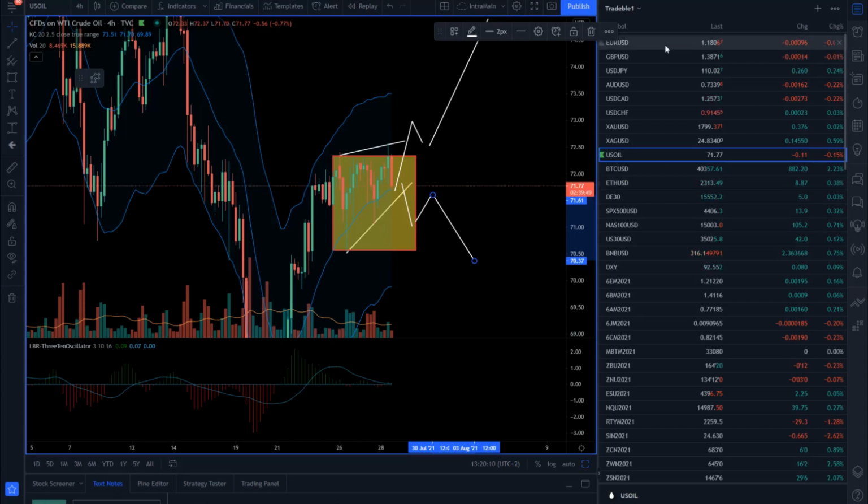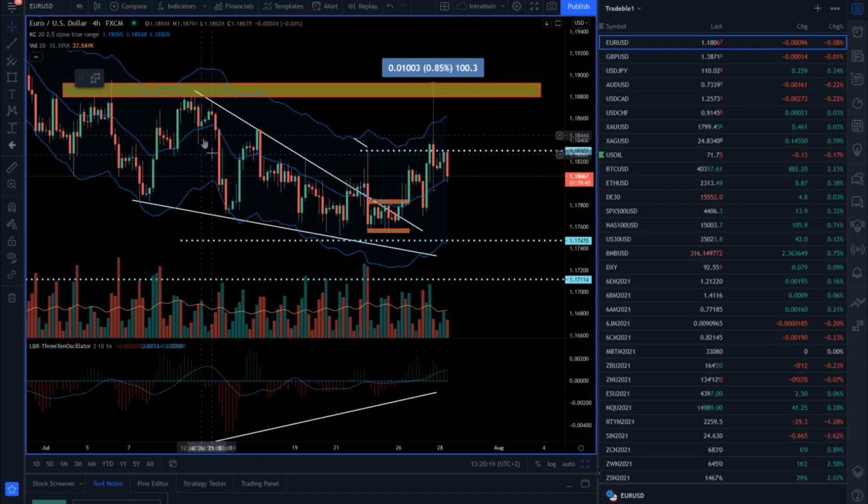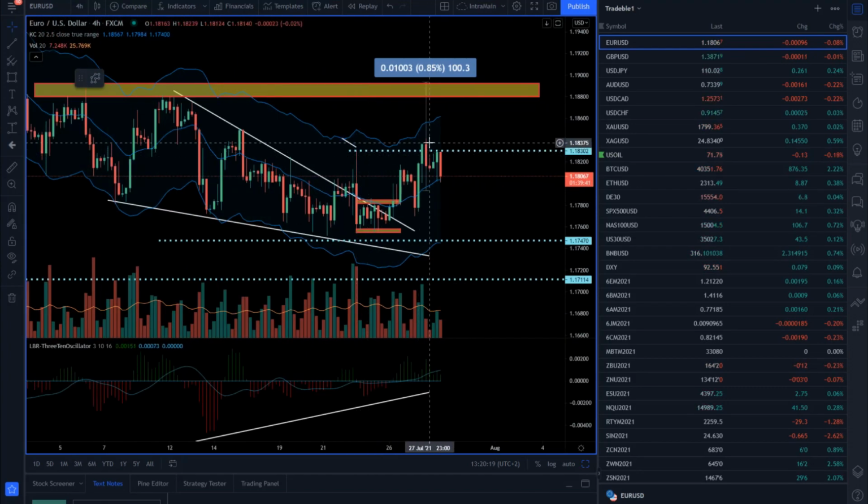And looking at the euro dollar, still a falling wedge on the 4-hour and daily, the ECB high broken, a fake breakout, an outside bar, an inside bar, so big noise prior to FOMC, so everything is literally possible here.